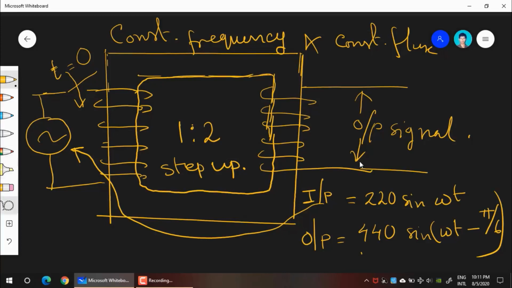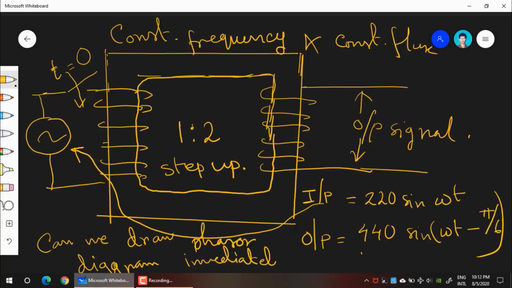So my question is, when this switching takes place, can we draw the phasor diagram immediately after switching? Just after switching, can we draw the phasor diagram? That is question number 1.